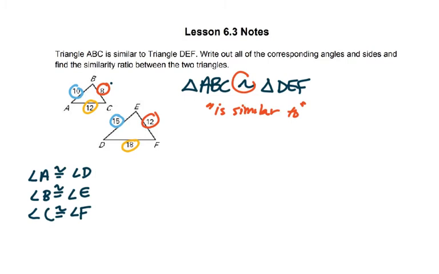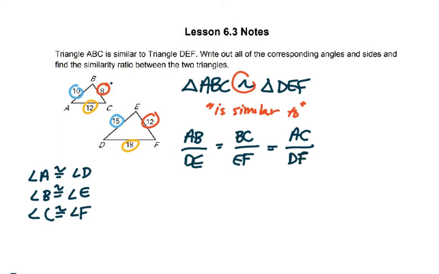And so the way we're going to write this, first of all, the proportion of AB to DE should equal the proportion of BC to EF, should equal the proportion of AC to DF. And that means that AB is 10, which matches DE, which is 15, should equal, when we reduce it, BC, which is 8, over EF, which is 12, should equal AC, which is 12, over DF, which is 18.